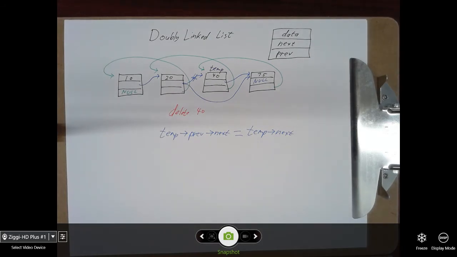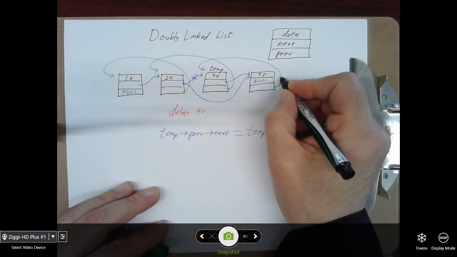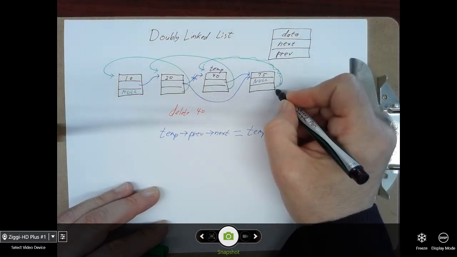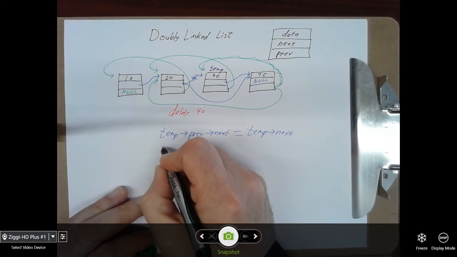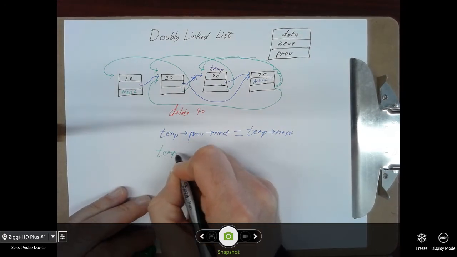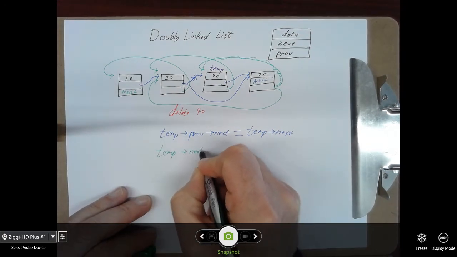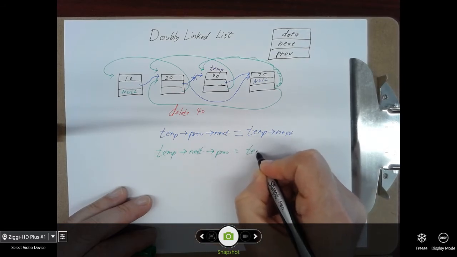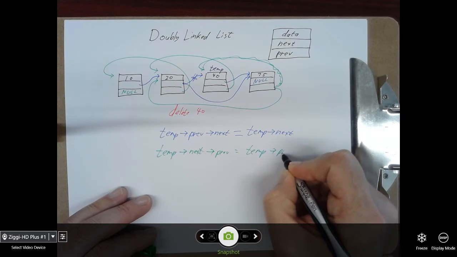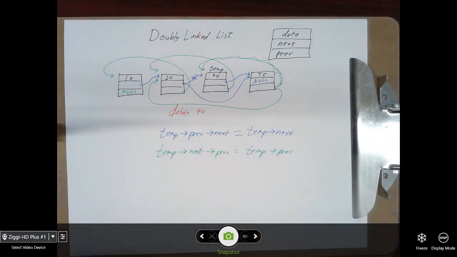And then the back pointer, we need to change this and have it point back at the 20. And so that's temp arrow next arrow previous equals temp previous. So this is in the category of things you don't want to try to memorize those two statements.